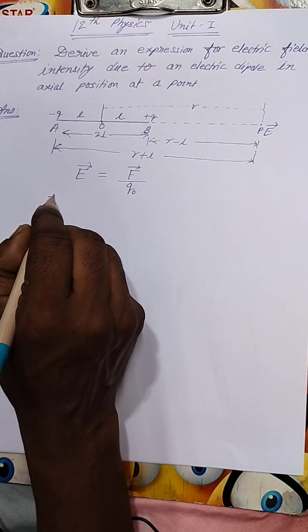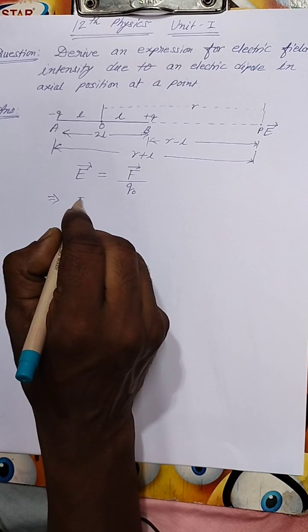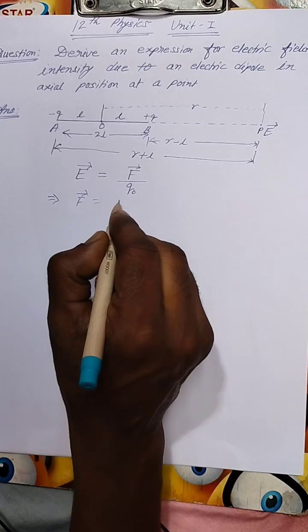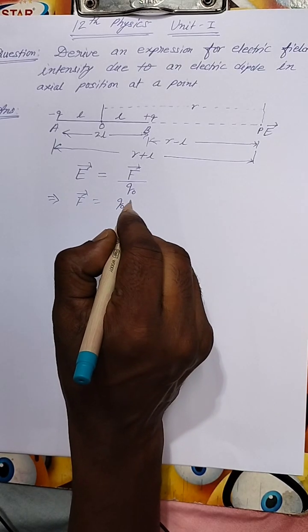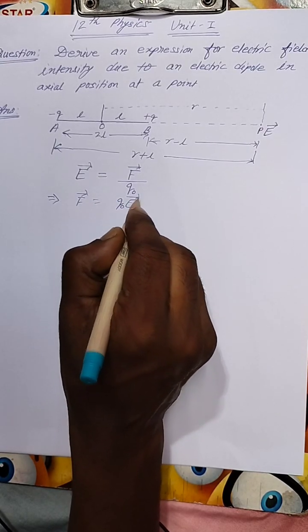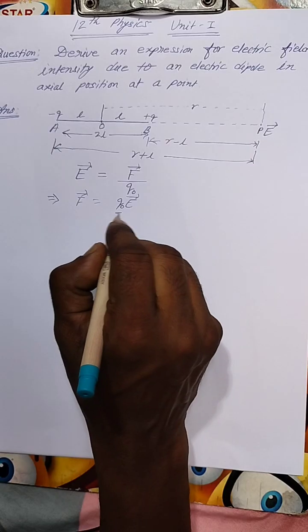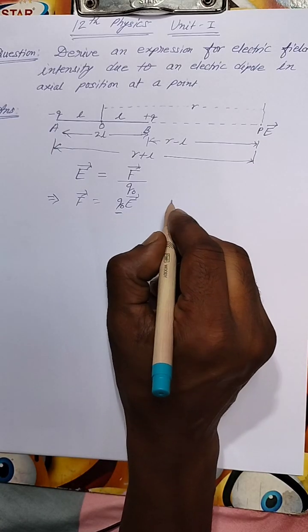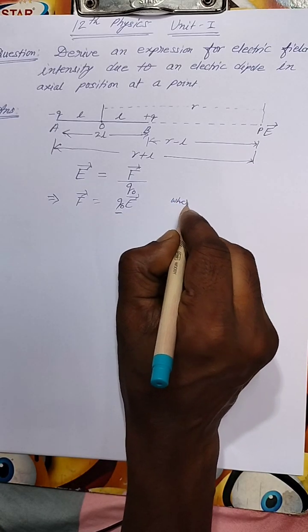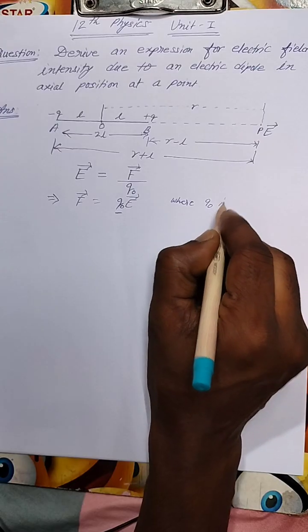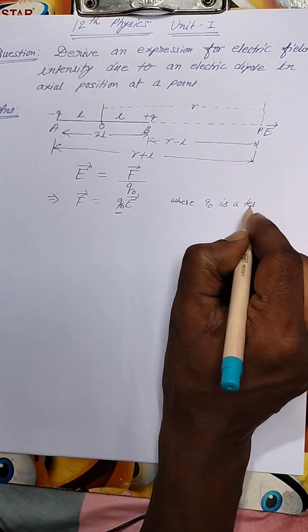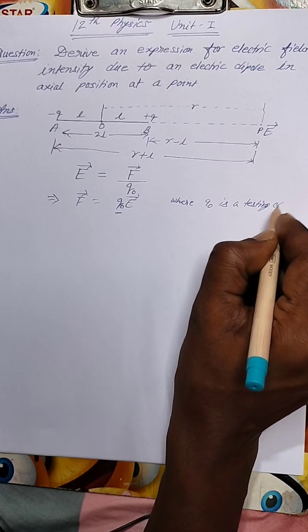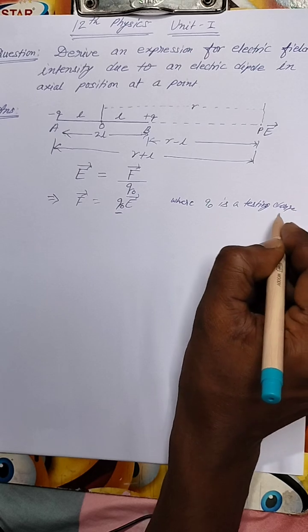You can also write F is equal to q0 vector E, where q0 is a testing charge.